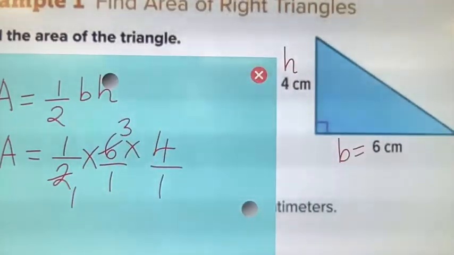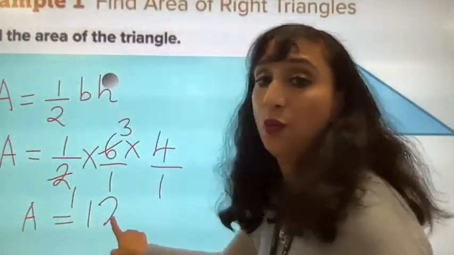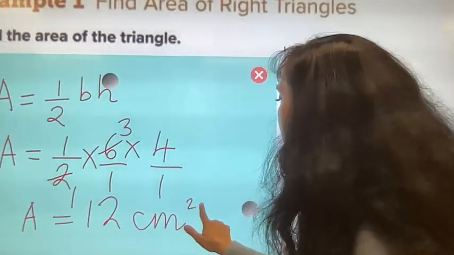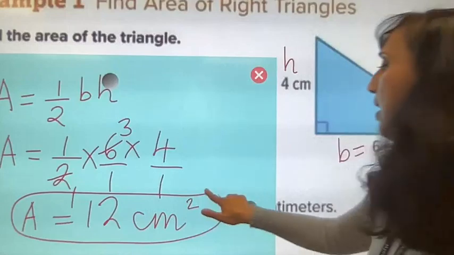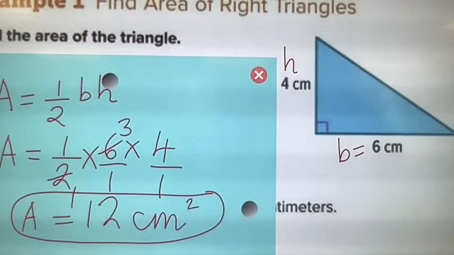So my area now is what? 3 times 4. And that gives me 12 square centimeters, or centimeters squared. And that is the area of this triangle. Area of the triangle is 12 square centimeters.